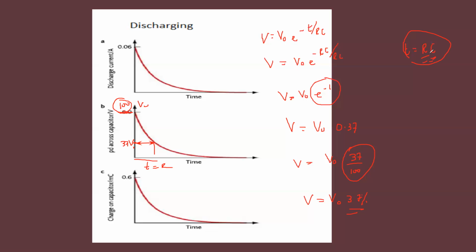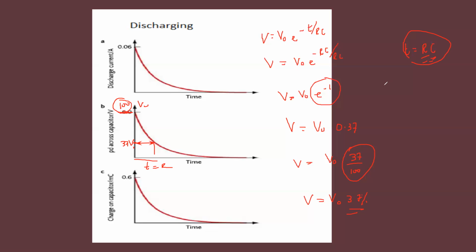So multiplying R with C, you get the value of the time, and this is the time taken by the capacitor to discharge to 37% of its original value. This is just a benchmark to identify how much charge, or what voltage, is left on the capacitor after one time constant.